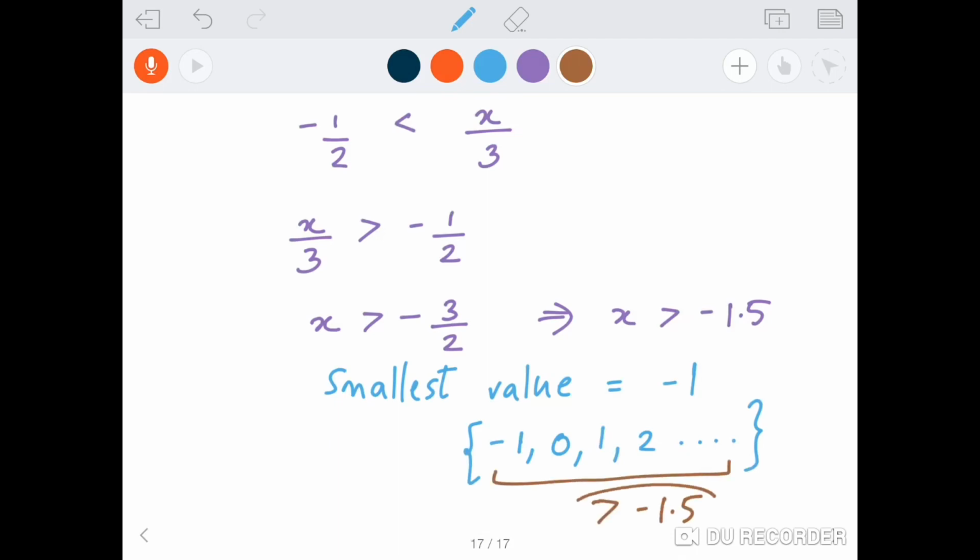So if you look at all values of x that are greater than minus 1.5, the smallest integer is going to be minus 1, because minus 2 is not going to be greater than minus 1.5. So your answer is minus 1. So minus 1 would be your smallest value.